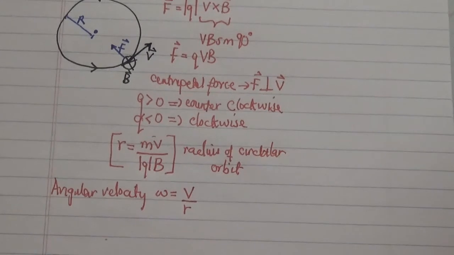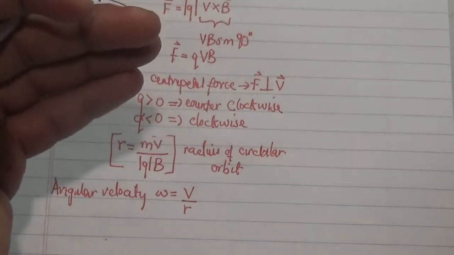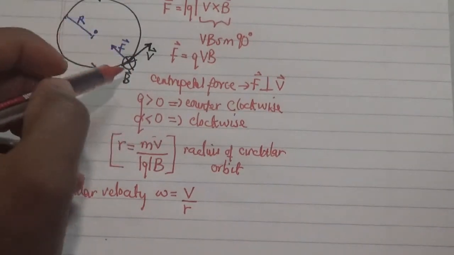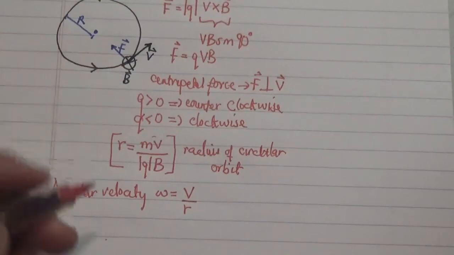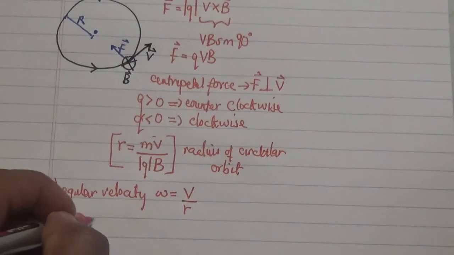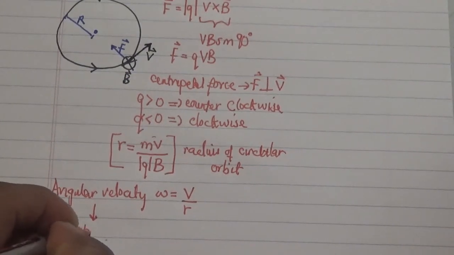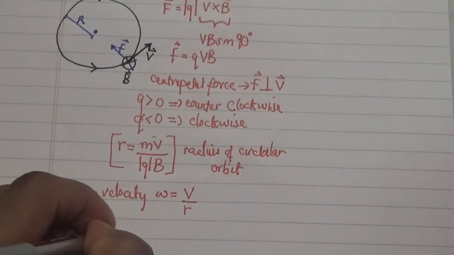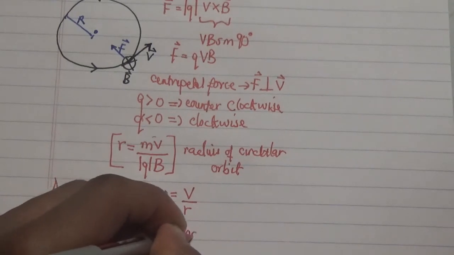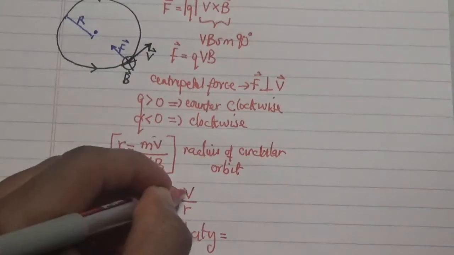However, in this particular case, when you're looking at the magnetic field relative to the velocity and how it acts on a charged particle, this angular velocity, which is now called the cyclotron angular velocity, is not dependent on the velocity.